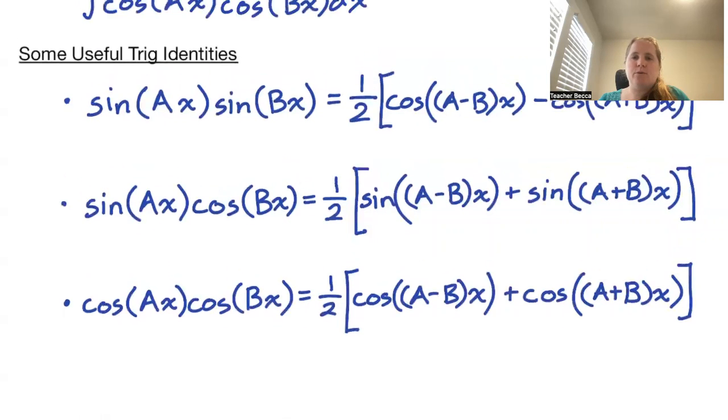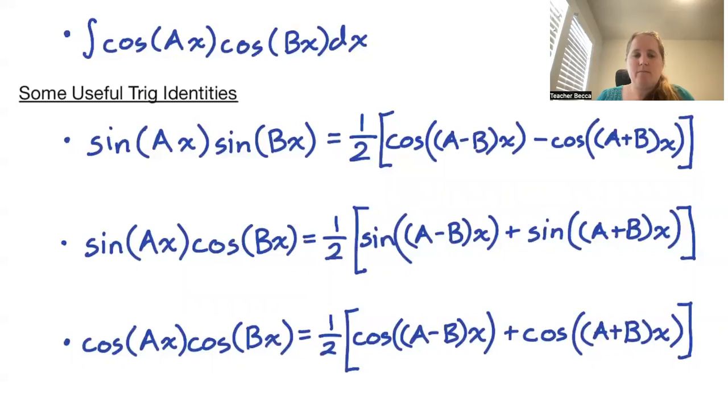Note, all three of these formulas are very similar. The only difference between the sine times sine and cosine times cosine is that it's a minus versus a plus. And then for the sine times cosine, we use sines instead of cosines.